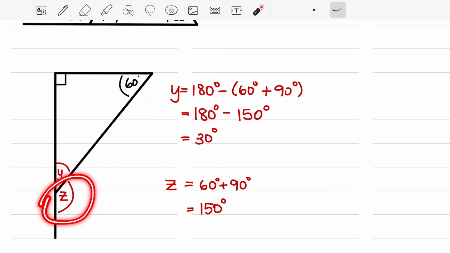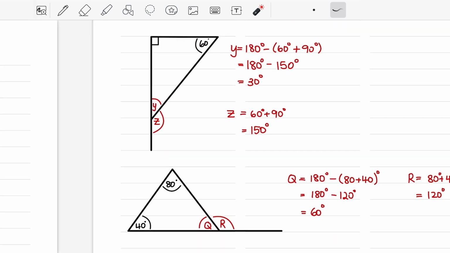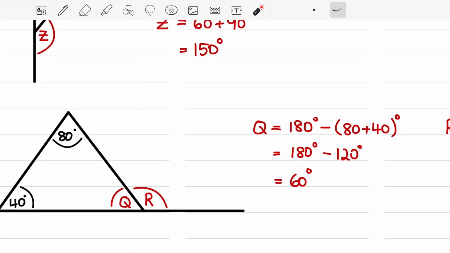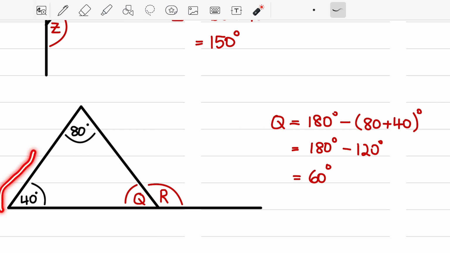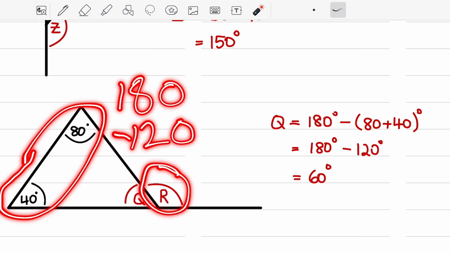And Z is equal to these two angles summed, which is equal to 150. 80 plus 40 is equal to 120, which is the value of R, and 180 take away 120 is equal to 60, which is equal to Q.